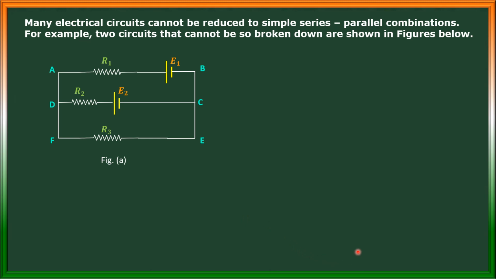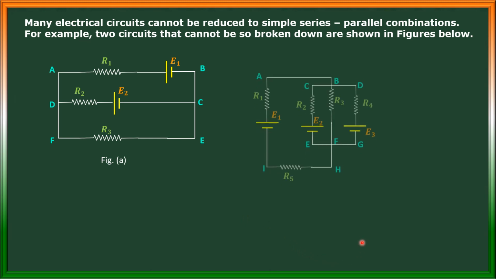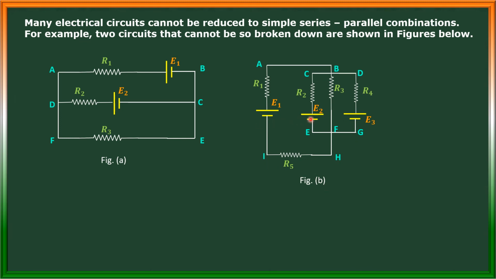And here is another circuit which contains three batteries and some resistors in this way. These circuits cannot be broken down to simple series and parallel combinations by replacing their equivalent resistances.